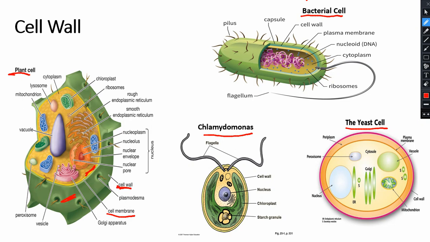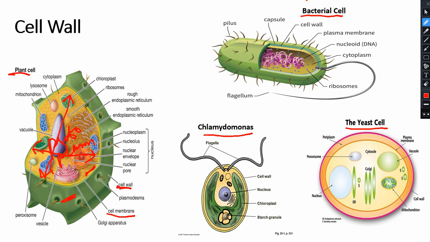The cell wall is present outside of the cell membrane. And whatever you are seeing inside this area from here to here, this whole place is called what? Protoplasm.